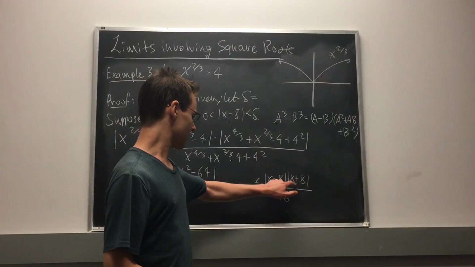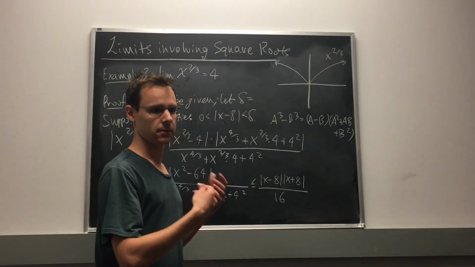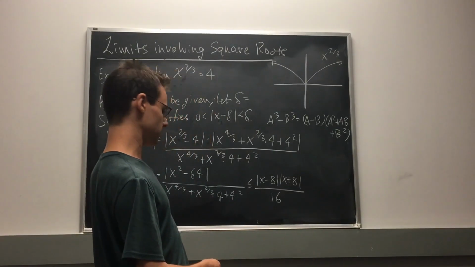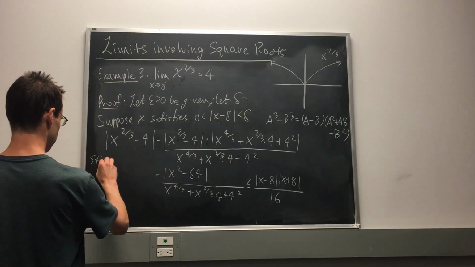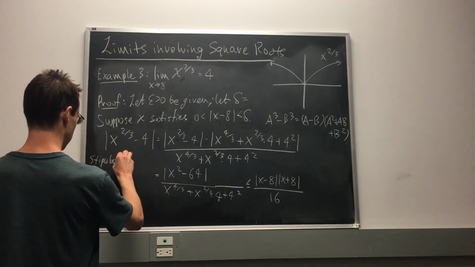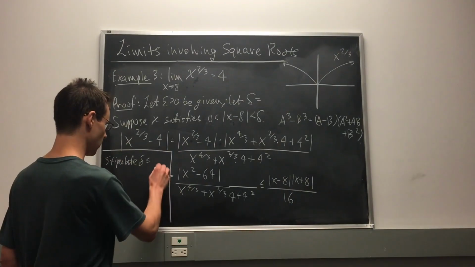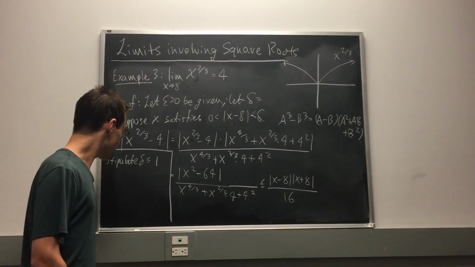Now, x plus 8 needs to get replaced with something. For that, we do our stipulation, okay? So I'm going to try to squeeze it in, where should I squeeze it in? How about here? Stipulate that delta is less than or equal to, say 1 in this case, although again, really doesn't matter what you choose, okay?